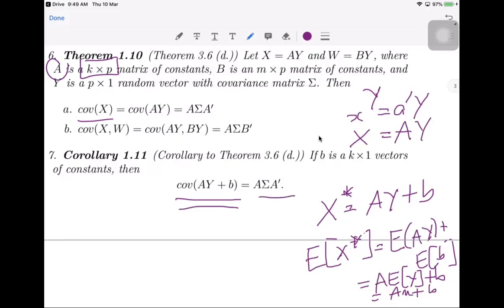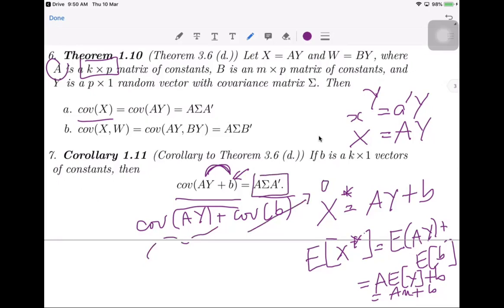So what happens here is that it splits into the covariance of A y plus the covariance of b. You can do this if we are sure that A y and the constant b are independent. But since b is just a constant, you can do this. The variance of a constant is just 0. That's why the covariance of A y plus b is just A sigma A prime.